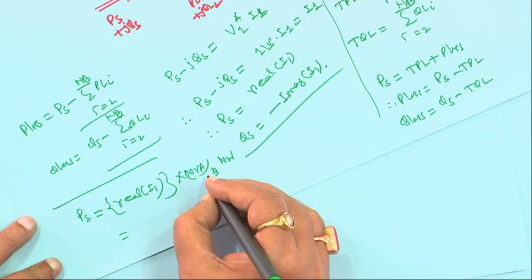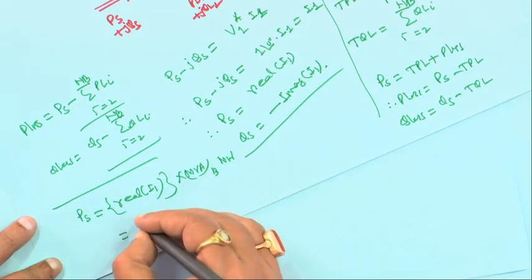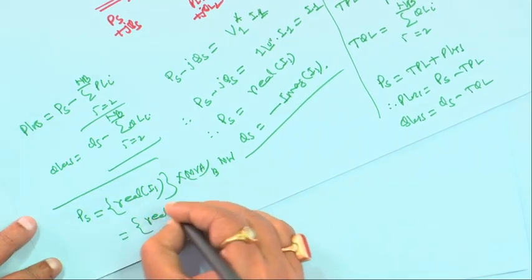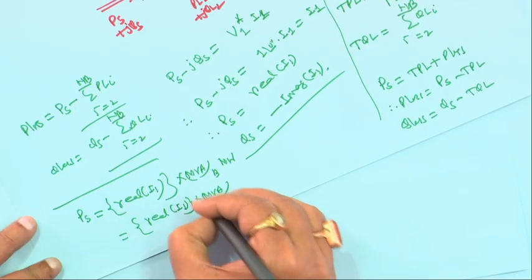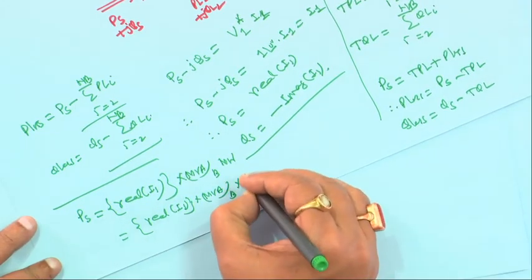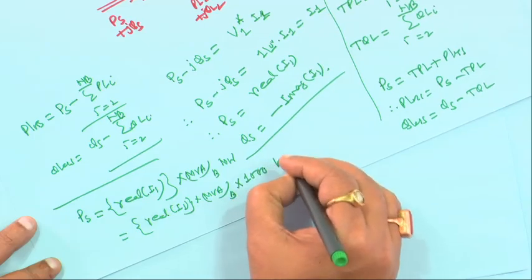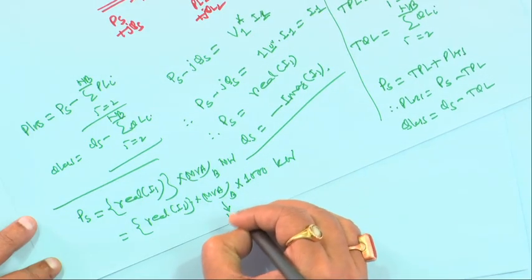Then this quantity, if you multiply by 1000, it will be in kilowatt. Therefore, real of I1 into MVA base into 1000, that is kilowatt, and MVA base is 100.